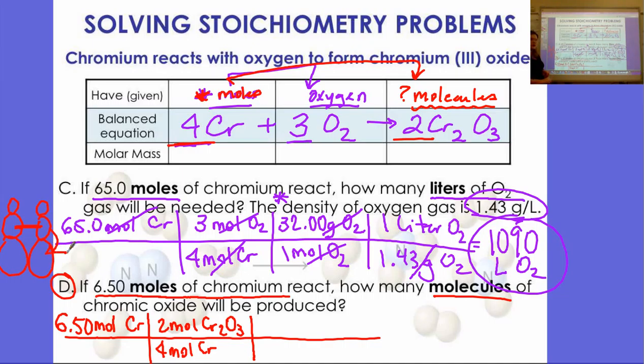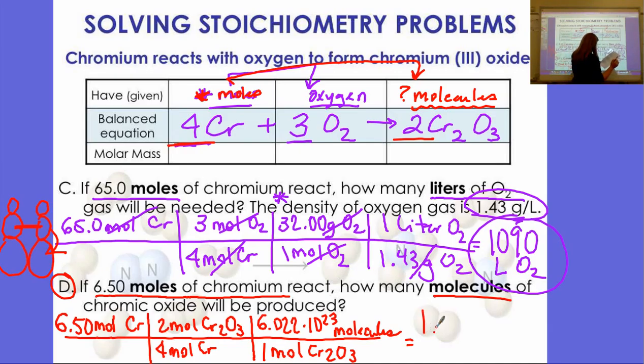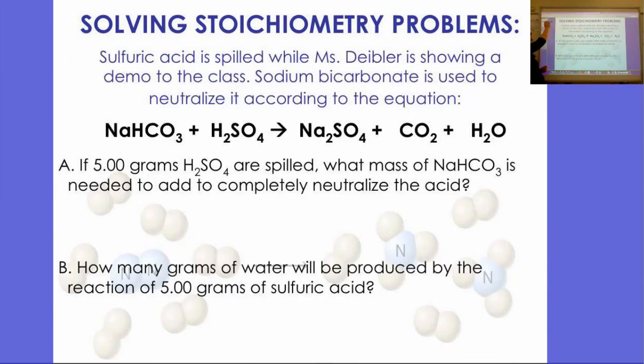Now I want to get to molecules. So I multiply 1 mole of Cr2O3 multiplied by 6.022 times 10 to the 23rd gives me molecules. Specifically, 1.96 times 10 to the 24 molecules of Cr2O3.